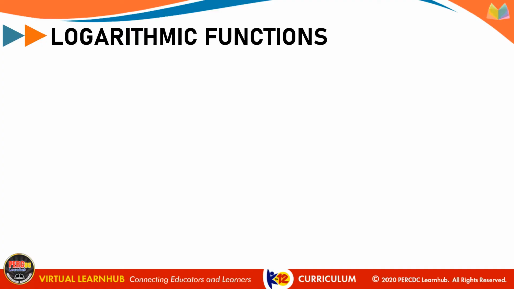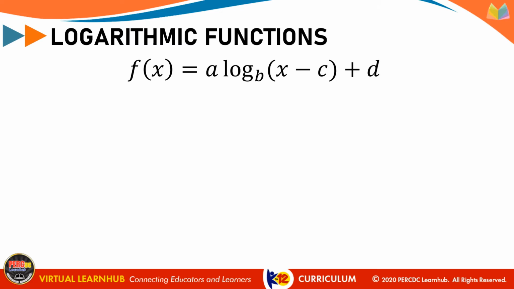Now let's discuss the characteristics, restrictions, and trends in our logarithmic functions. Generally, we have the logarithmic function expressed as f of x equals a times log of x minus c with the base b, plus d. Now, how can these values affect our graph?